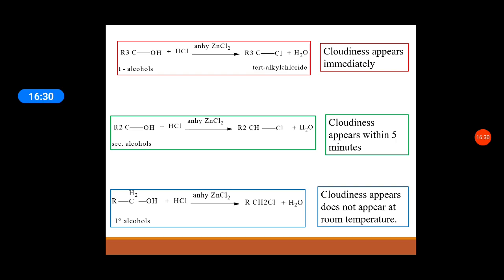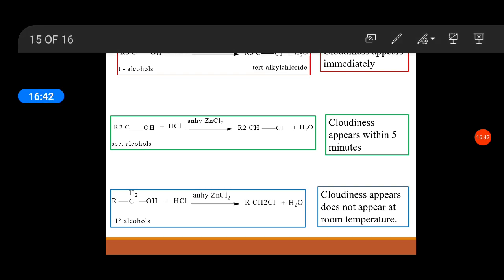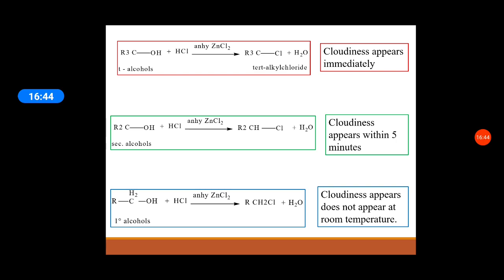So when tertiary alcohols are treated with HCl in presence of zinc chloride, it gives tertiary alkyl chloride. It reacts immediately because adjacent three methyl groups are present in tertiary alcohols. Therefore, the removal of the OH group is easy. So substitution takes place fast and it gives tertiary alkyl chloride.